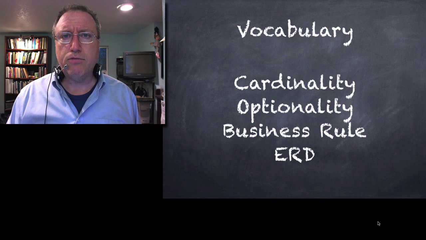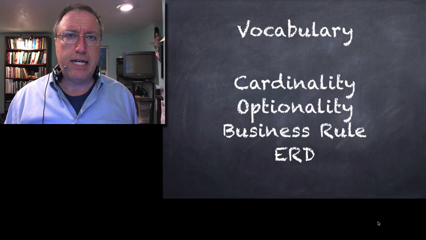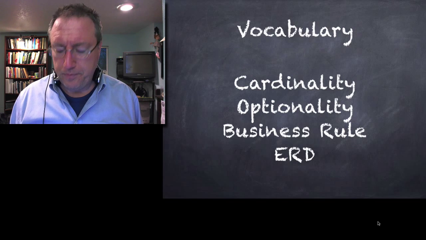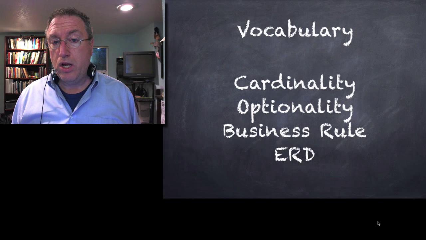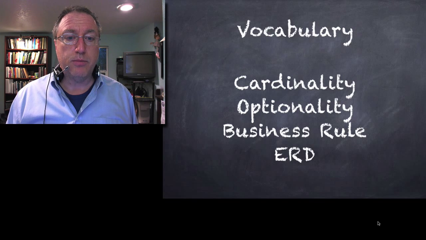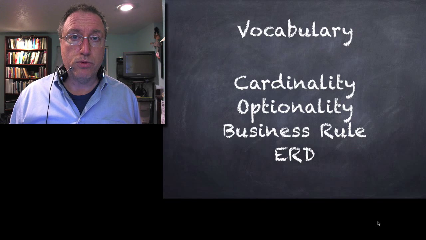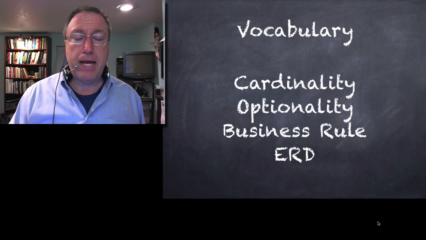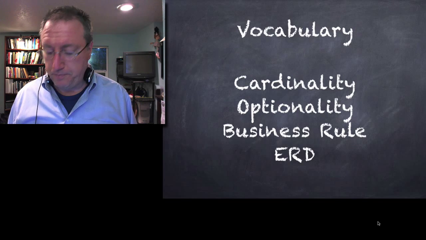And an entity relationship diagram, or ERD, is a graphical way of representing a business rule. In your homework, you're going to analyze some information from a customer, write business rules, and then draw entity relationship diagrams that match these business rules.